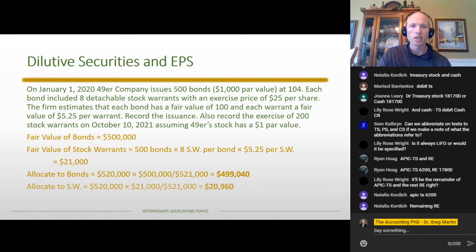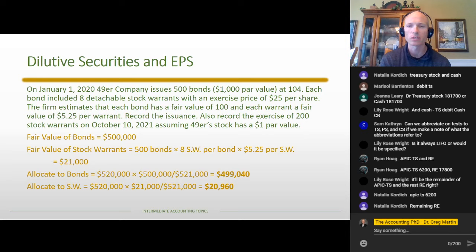We similarly allocate an amount to the stock warrants. We take the $520,000, which is what was raised, and multiply it by the proportion of the fair value that we had assigned to the stock warrants, 21,000 over 521,000, and so the amount that we allocate to the stock warrants is $20,960.